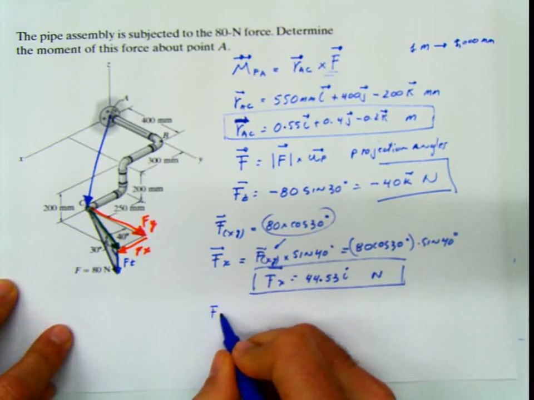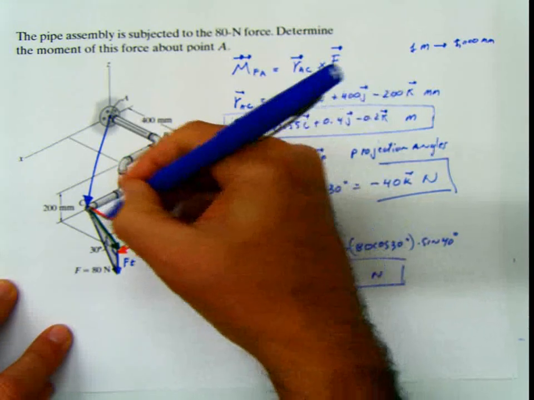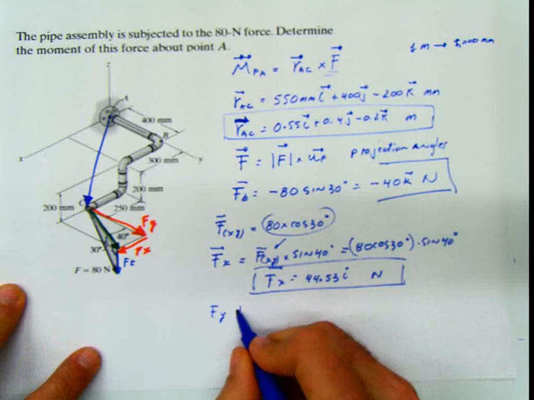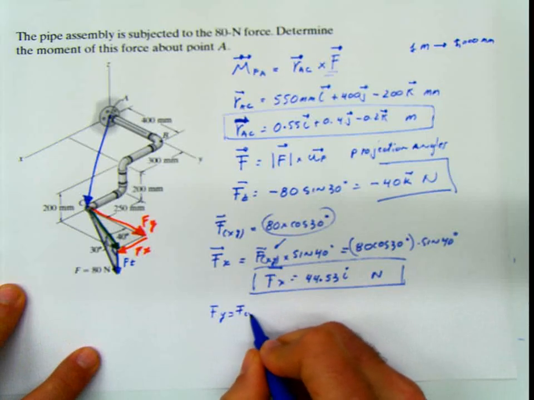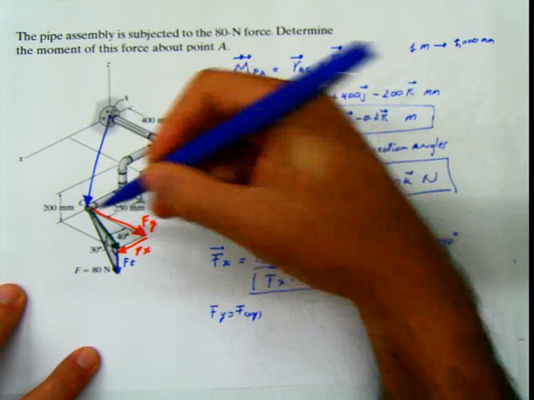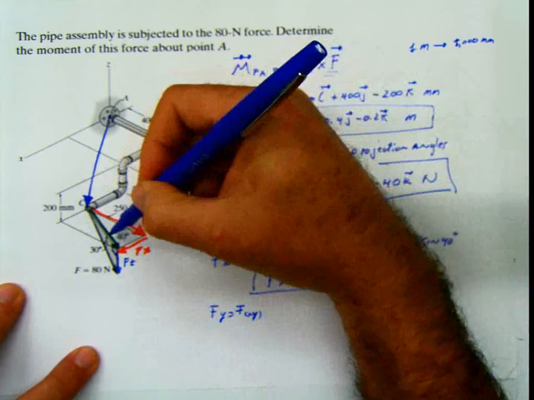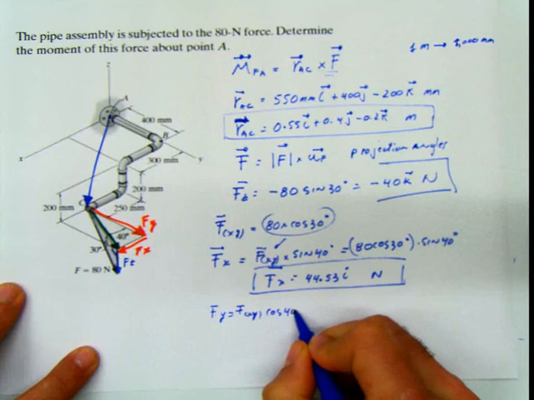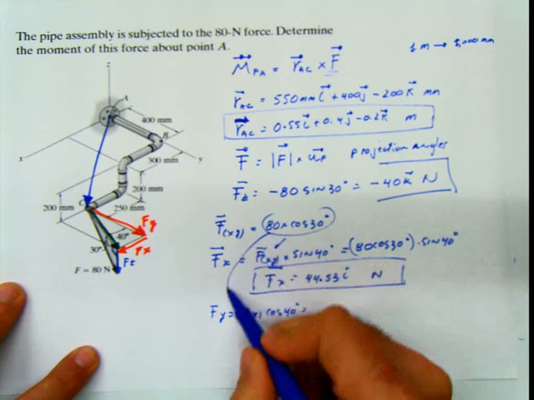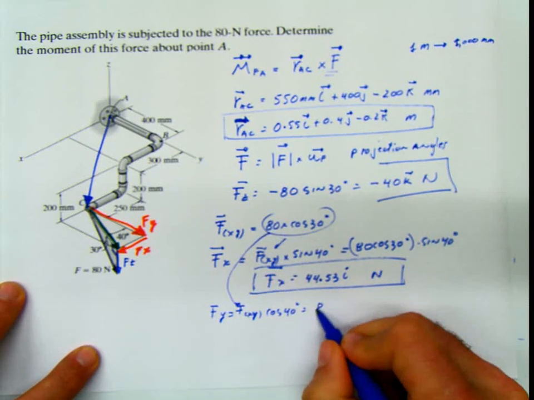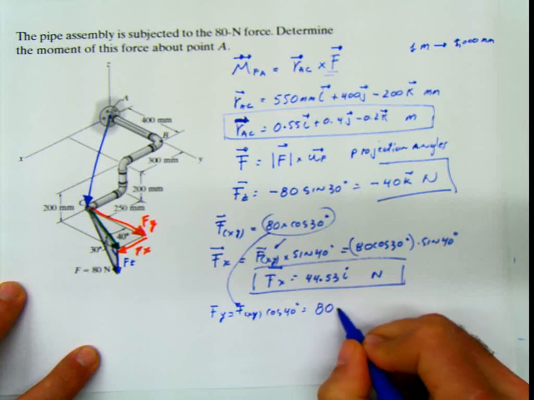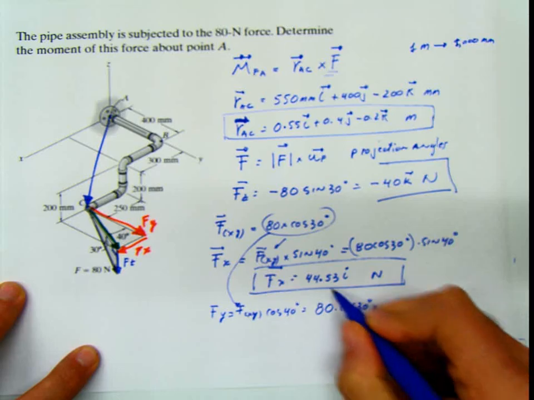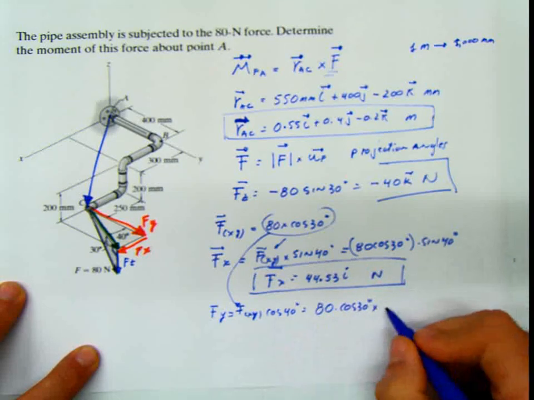For Fy, which is this other component in this direction, what I'm going to have is basically the projection that I call XY, this projection, multiplied by cosine of 40 degrees. Or in other words, I can get this and plug it into here also, and then we are getting 80 times cosine 30 degrees multiplied by cosine 40 degrees.